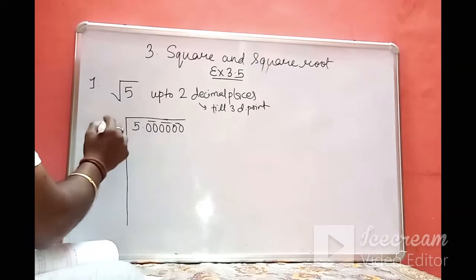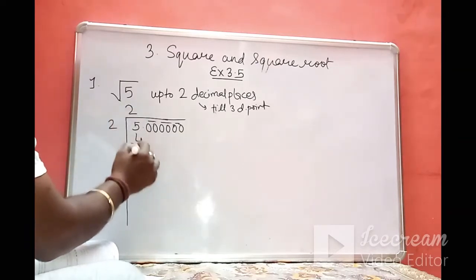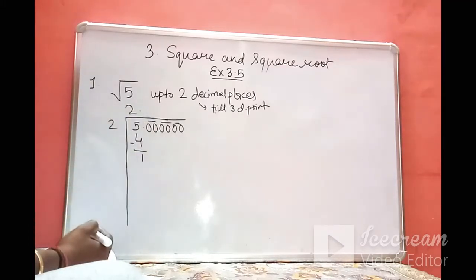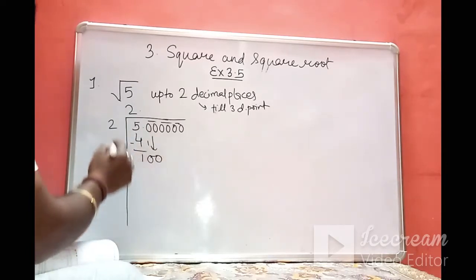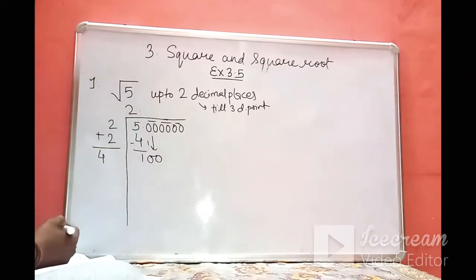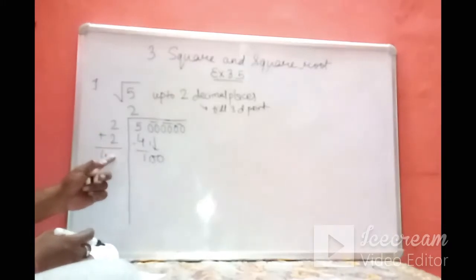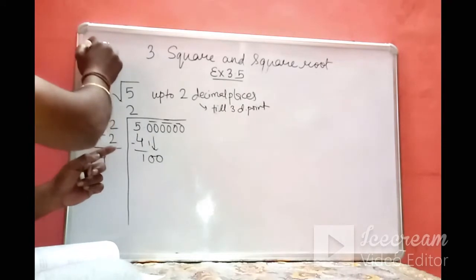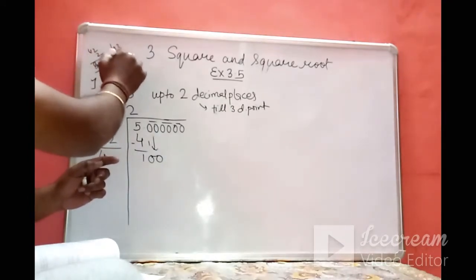Now I will write the nearest square of 5, that is 4. 5 minus 4 is 1. Now the decimal starts, so I will put a decimal here. Now this double 0 will come down, and likewise 2 will come here. So 2 into 2 is 4. So the very first digit, you put 41 into 1 will give you 41. Then 42 into 2 will give you 84, and 43 into 3 will give you 129.